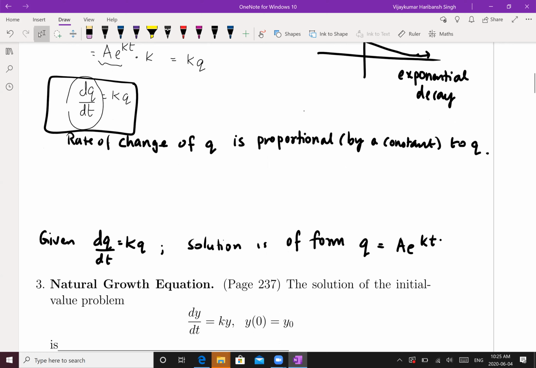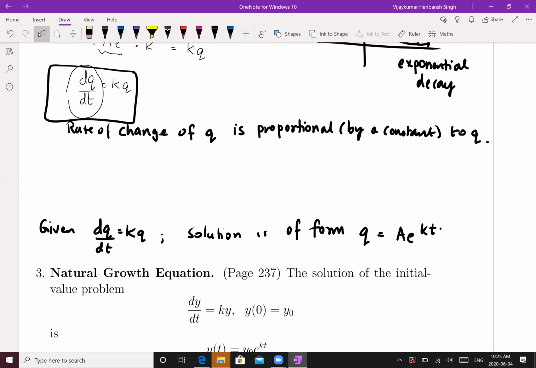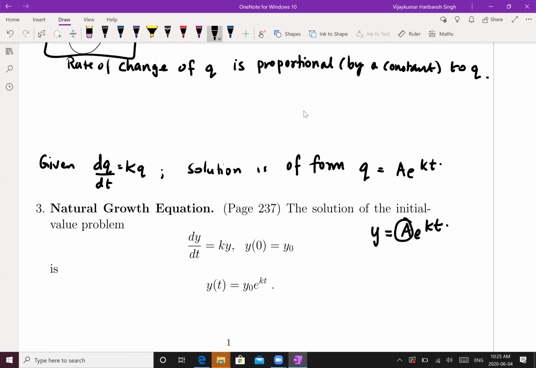Instead of q, if I write y, then I get y equals a e to the power kt. Now sometimes this a is a constant we don't know. But what if you're given more information about y? Say y of 0 is y naught. You can think of this as y of t.